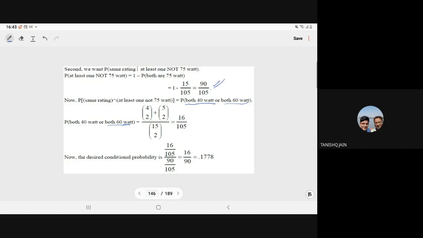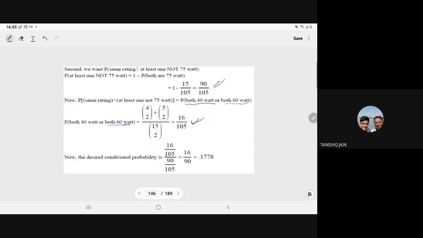So it will become 4C2 plus 5C2, out of a total of 15 bulbs, from which we select two, so 15C2. The required probability will come 16 upon 105.